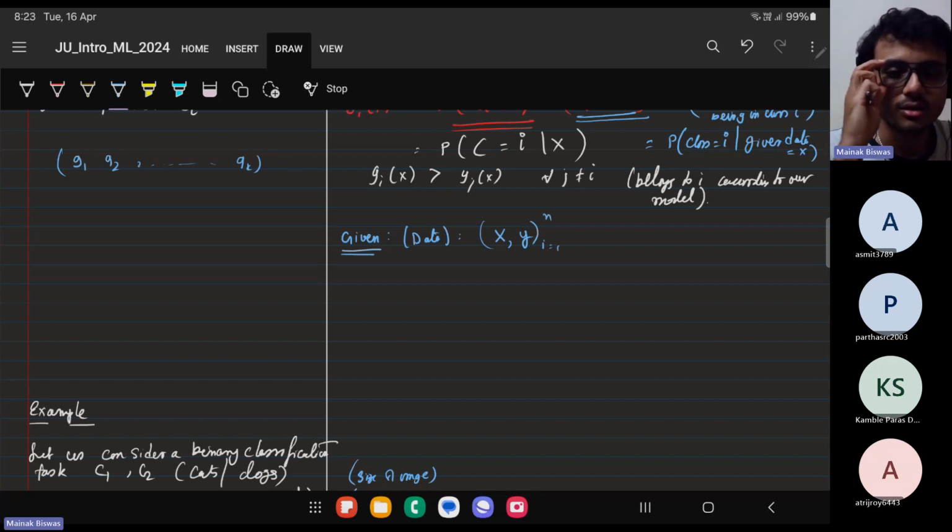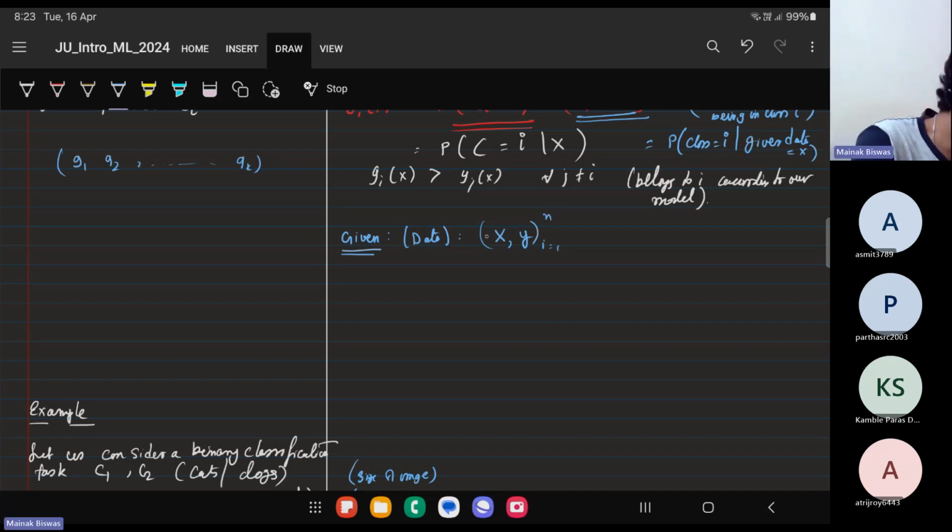So you have n data points, where X are images and Y is a label, say 0 or 1: 0 for cats and 1 for dogs.